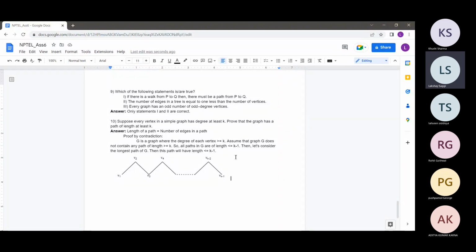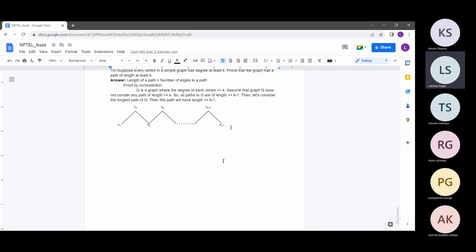So the length of this path will be k minus 2. Right, guys? I have not yet proved anything. I just showed you what this path will look like. It can also be that this is Vk minus 1 and this is Vk, since the path can have a length of k minus 1 also. Let's just assume this for now.